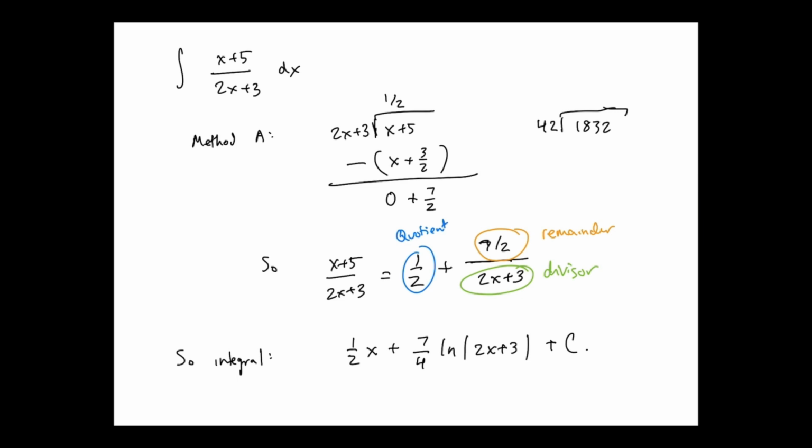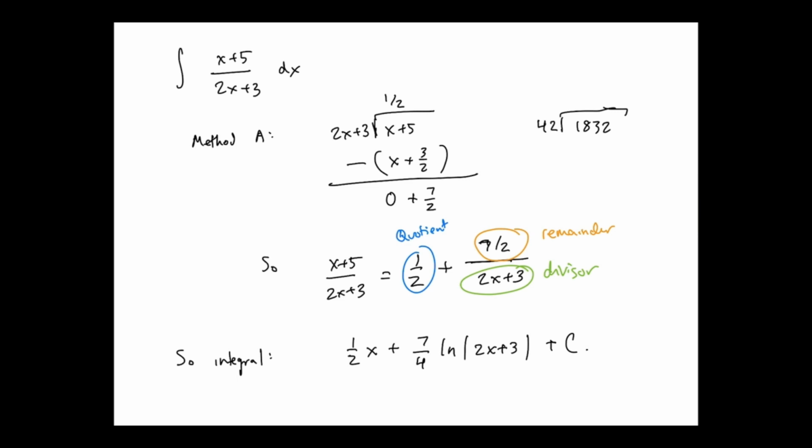Yeah, so the denominator there, 2x plus 3, I just did a simple u substitution in my head of u equals 2x plus 3, du equals 2 dx, and therefore I get an extra factor of a half that's going to pop out, and so I get that. Okay, so that certainly worked, right?